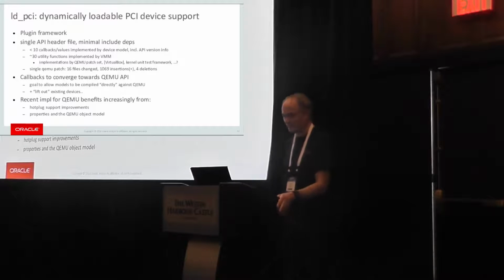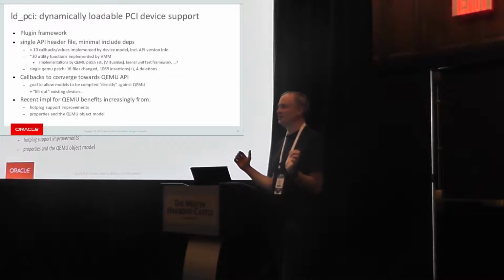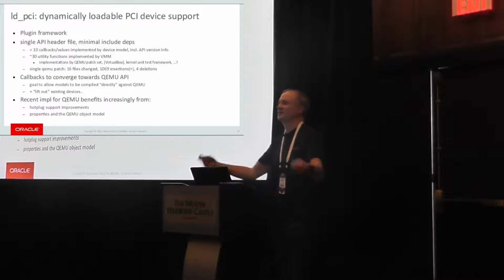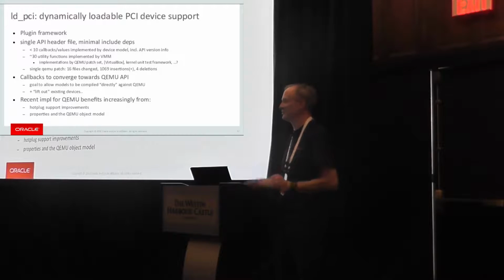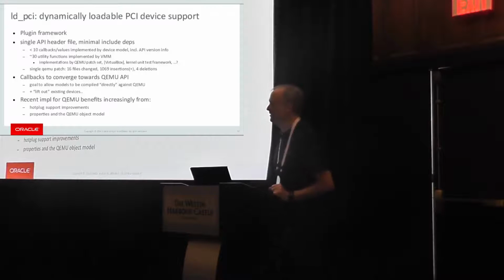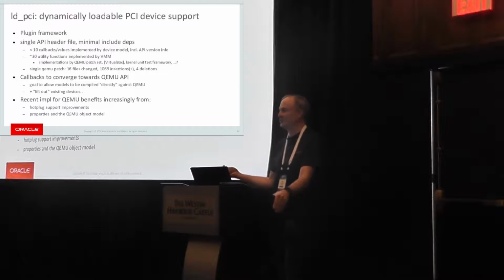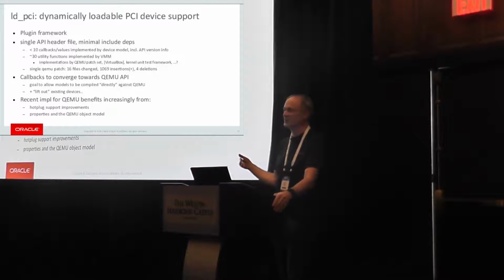And the reason why I needed it to be a single API header file was that, to be able to sell this in, I had to have it working on VirtualBox as well. So the initial version had a similar implementation of the framework on VirtualBox, and the plugins could be used interchangeably on VirtualBox or QEMU.